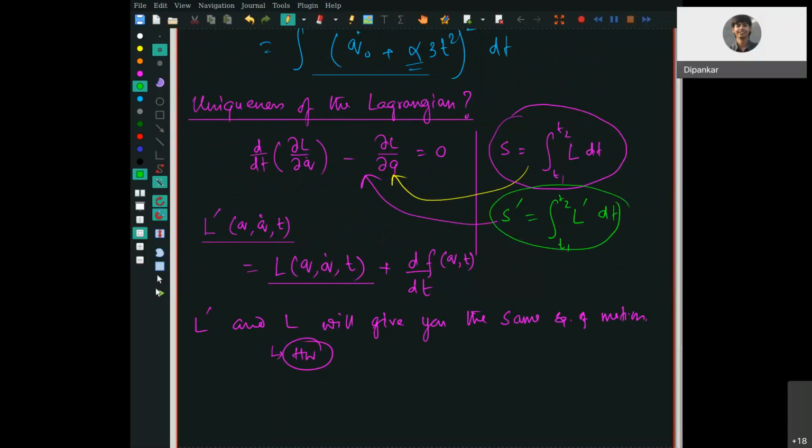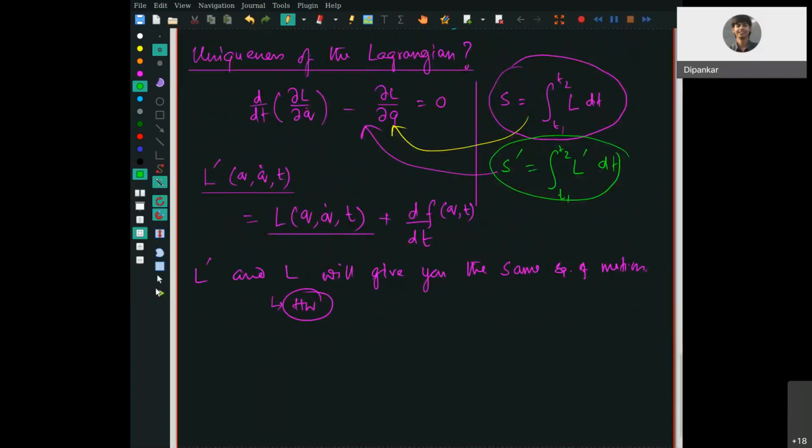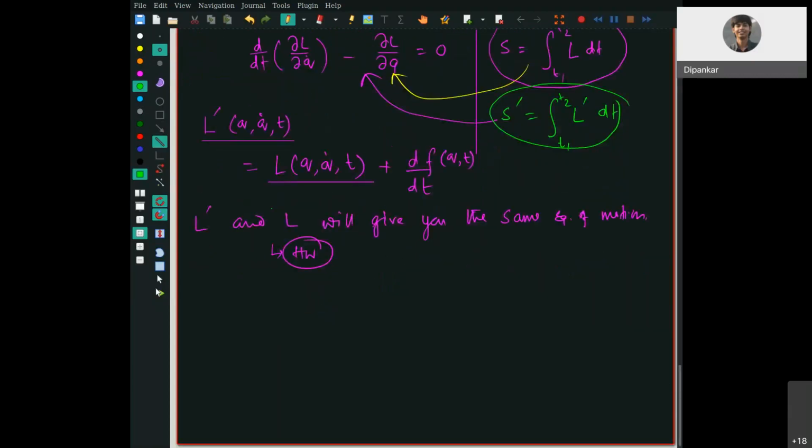If I try to apply the same variational principle in the case of L and L prime, let us try to see what will happen. Okay, so what I have here, let me draw the axis again.